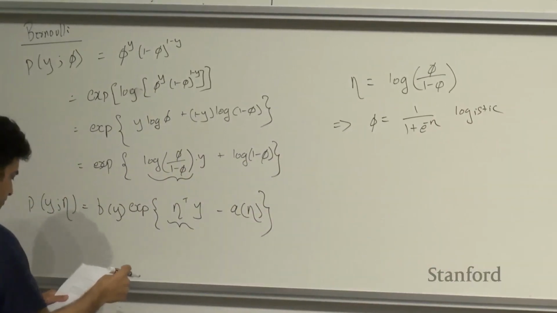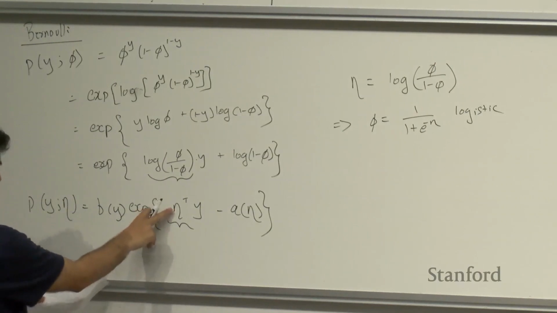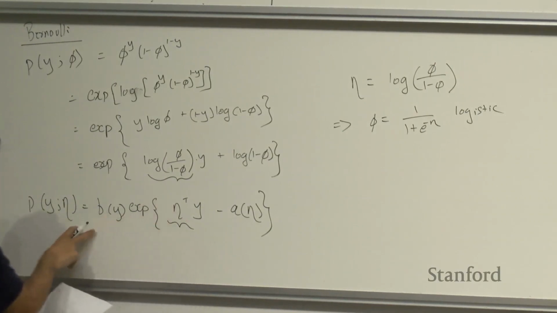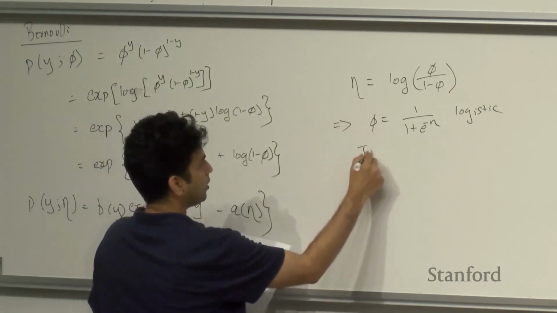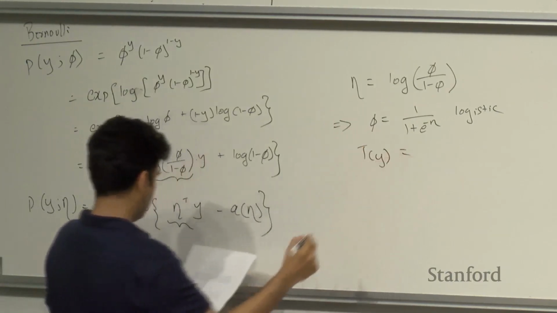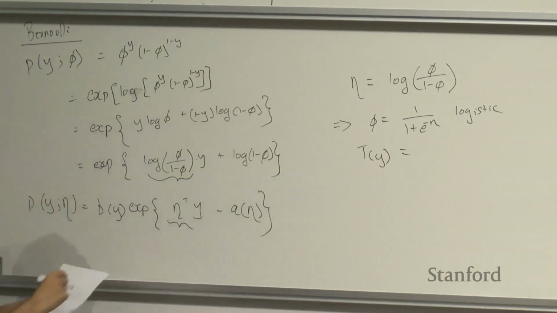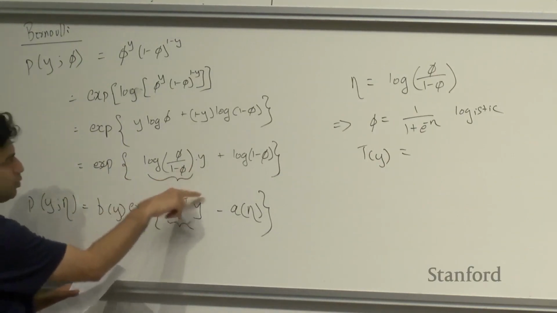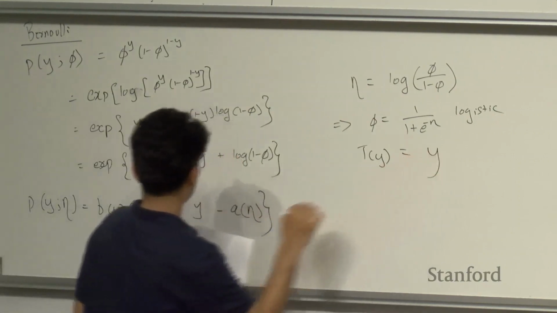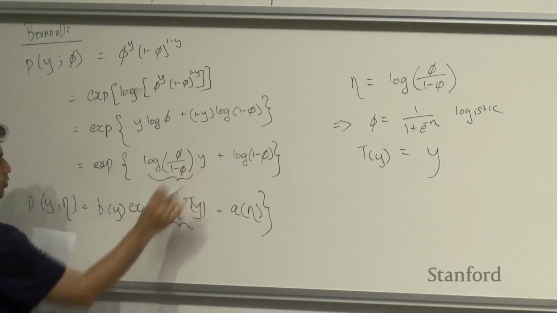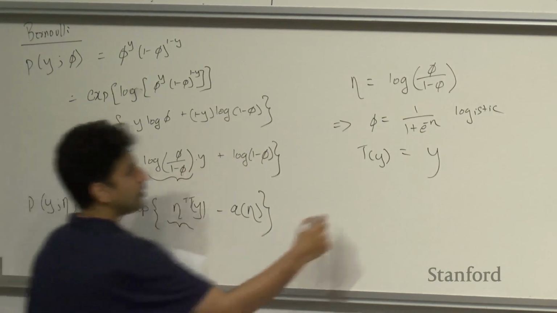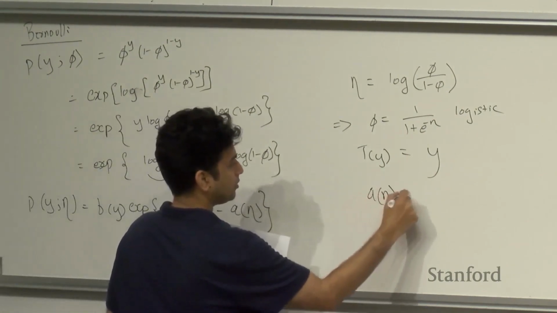And moving on, so we have eta equals this and phi equals this, and T of y is just y in this case. Okay. And A of eta.